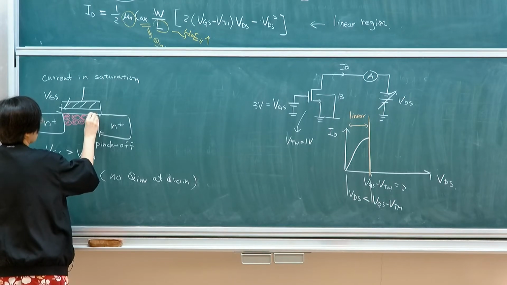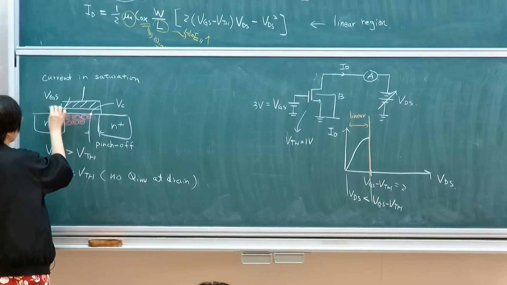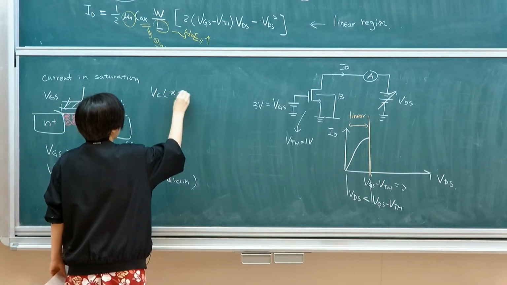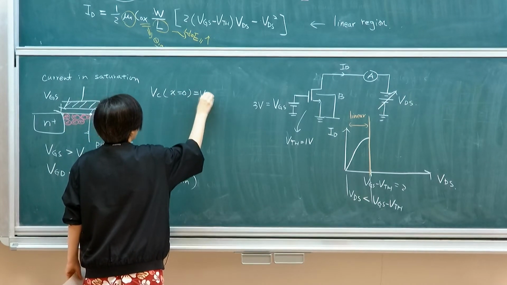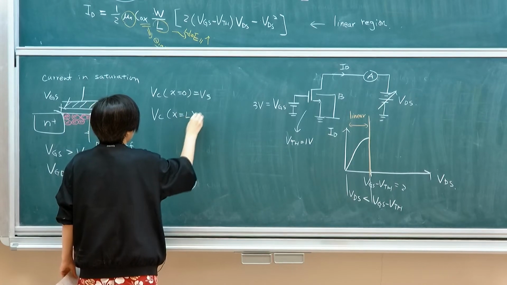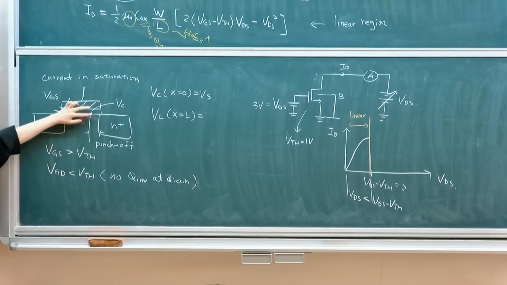So let's assume this is VC in the source direction. VC at x equals 0 is still VS. But then VC at x equals L, on the right-hand side, will be determined by whether there's a threshold voltage created or not.